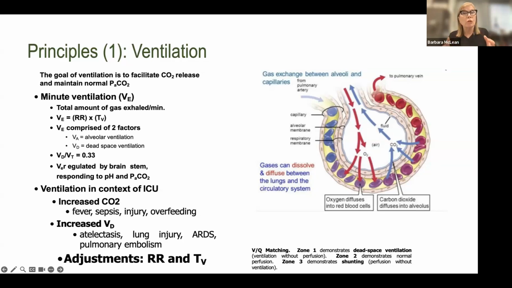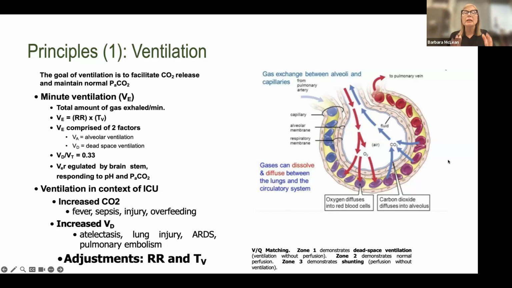That's incredibly important because in today's ventilation world, one of the first things we do after intubating the patient is we may make a decision to reduce the tidal volume. When you reduce the tidal volume, you're going to reduce the minute ventilation. So any reduction in tidal volume must be accompanied by an increase in the respiratory rate.